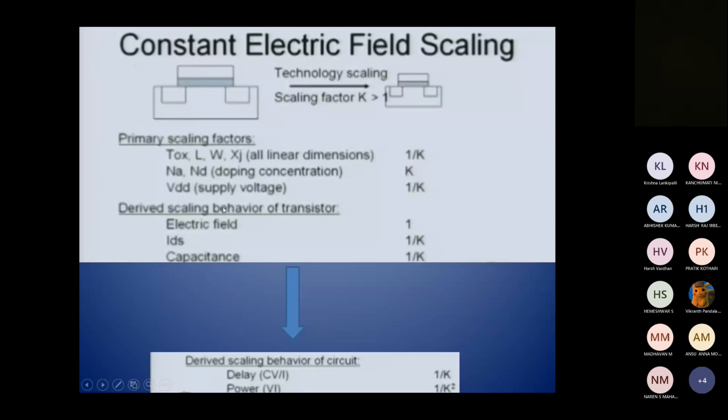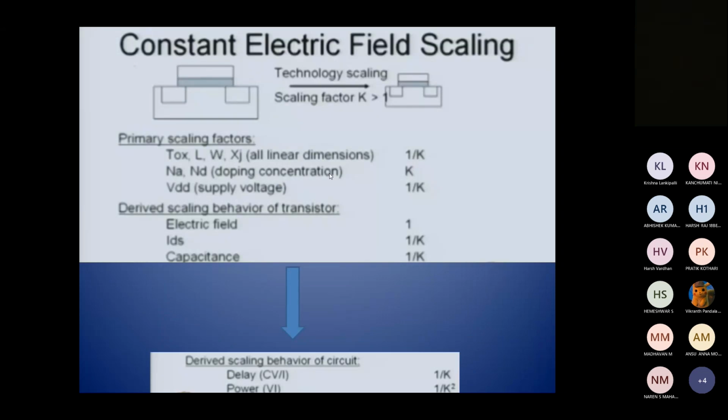If you can see here, whatever the supply voltage in the macro-scale devices, it is reduced to one by k. Similarly, the linear dimension is also reduced to one by k. As you know, the electric field is the negative of the potential gradient. So if E is the electric field, V the voltage, and L the linear dimension, the electric field is potential divided by linear dimension.